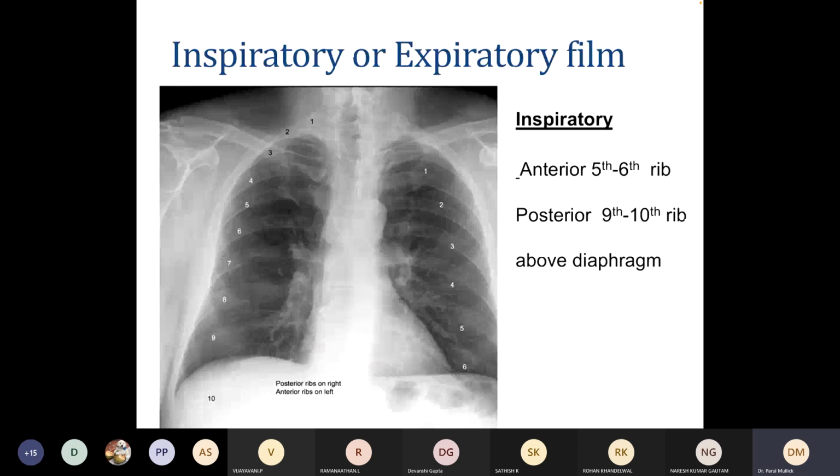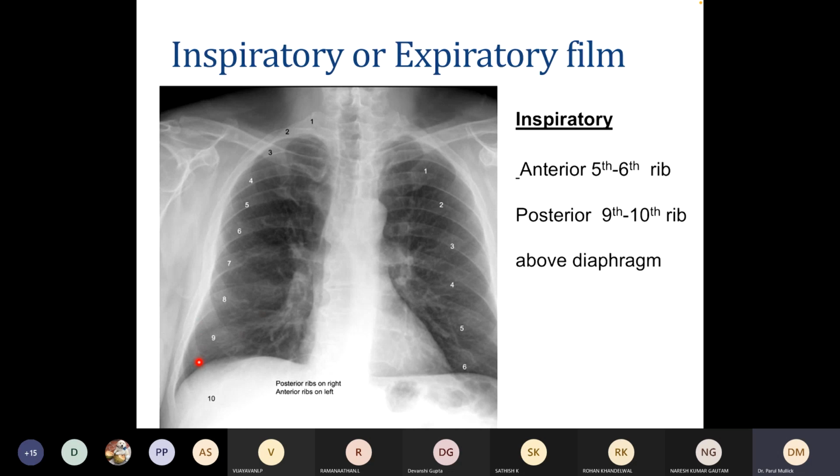Now next it is whether it is an inspiratory film or taken during expiration. अब ये देखो anterior ribs, ये anterior rib है, एक दिख रहा है ना. ये first, ये देखो ये second anterior rib है, ये third, fourth, fifth, sixth anterior. So if you are able to see 5 to 6 anterior ribs above the diaphragm, ओके, और ये देखो ये posterior ribs हैं, ये एक, ये दो, तीन, चार, पांच, 6, 7, 8, 9.